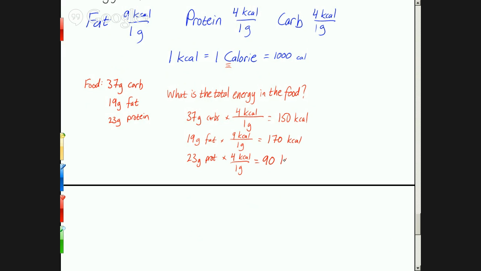It's going to be 90. And then we can add all those together and get 410 kilocalories total in the food.